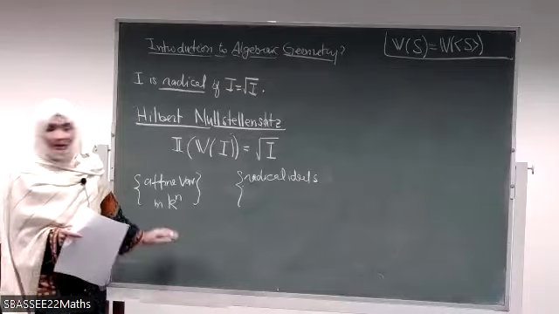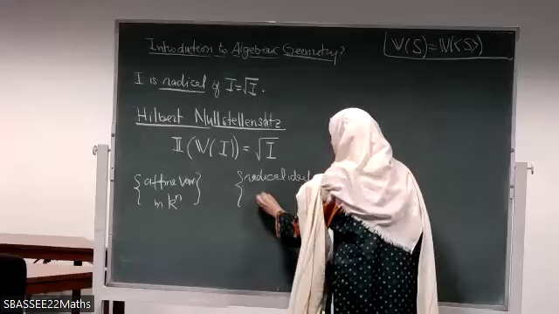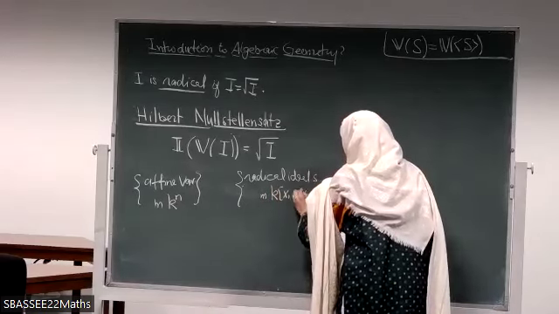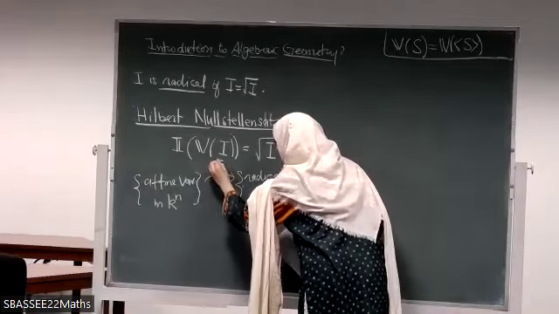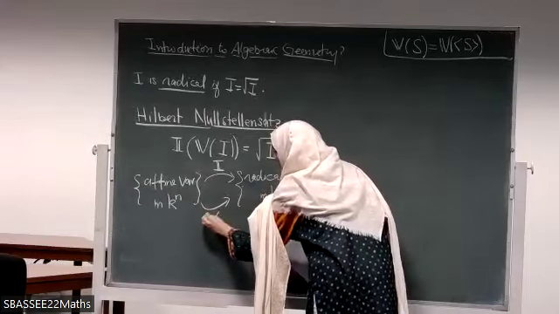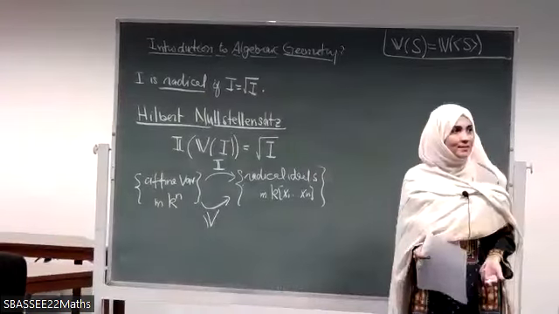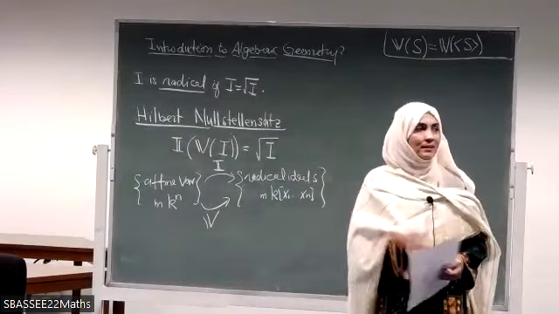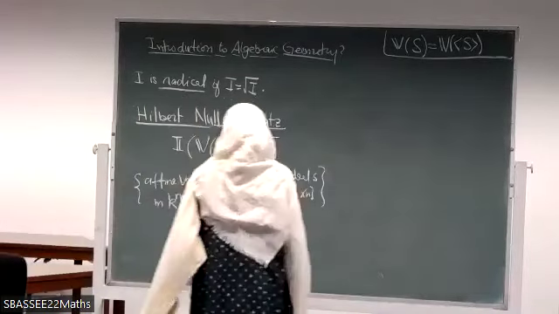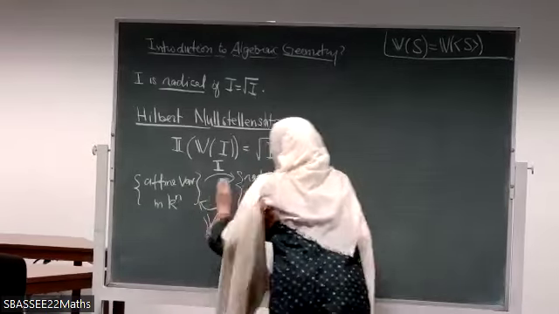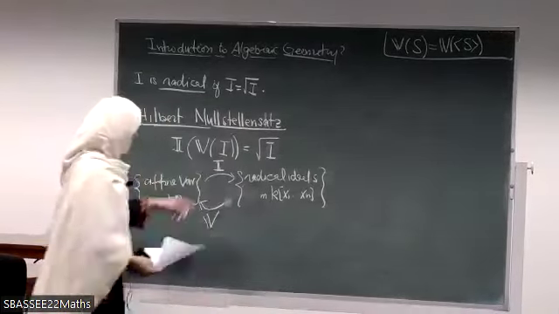Now let's see what's going on in the rest. So now we have affine varieties here and radical ideals in our polynomial ring. I can say that these maps are inverses of each other.